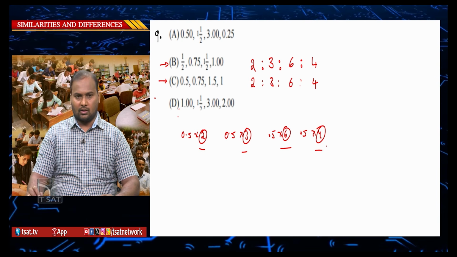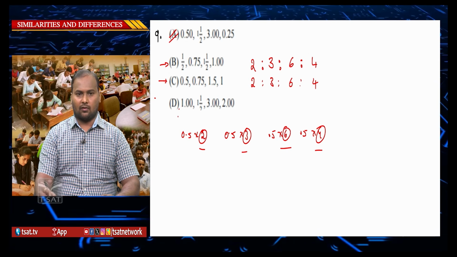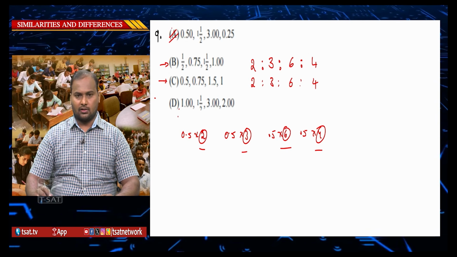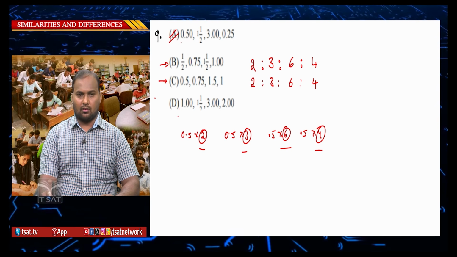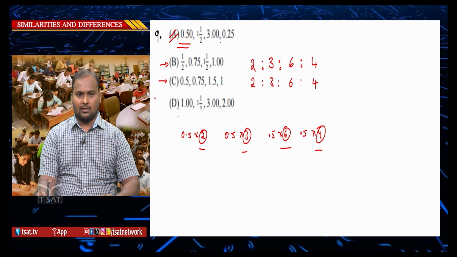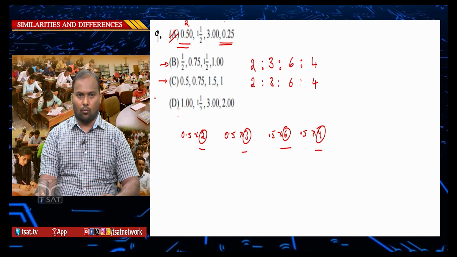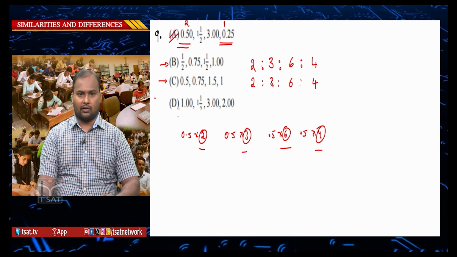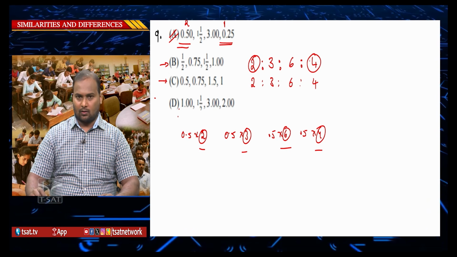That is the ratio that we can observe. But if you see, option A is not following this particular pattern, that is 2, 3, 6, 4. Instead, if you see these two, that is 0.5 and 0.25, the ratio is something like 2 and 1, yes or no? But here it is like 2 and 4. So it is avoiding this particular logic.